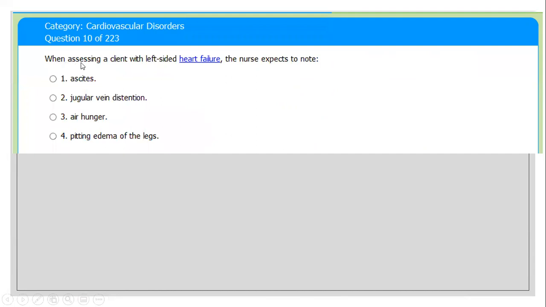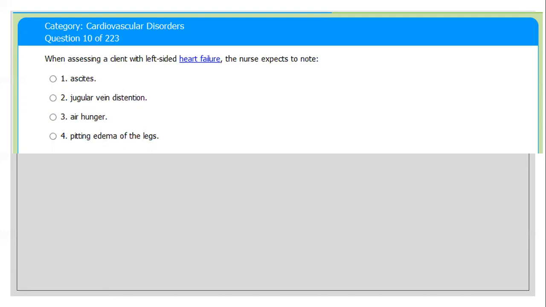Next question. When assessing a client with left side heart failure, the nurse expects to note ascites, jugular vein distension, air hunger, and pitting edema of the lungs. As I told you, in left side heart failure, which organ gets involved? Our lungs.